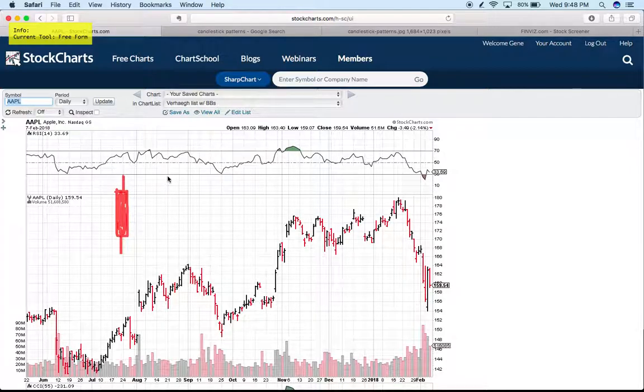On a bar chart, you would have the opening price on the left and the closing price on the right. So this would be a bullish candle. It opened here and it closed here. So this is the open and the close of the day. This is the high of the day. This is the low of the day.